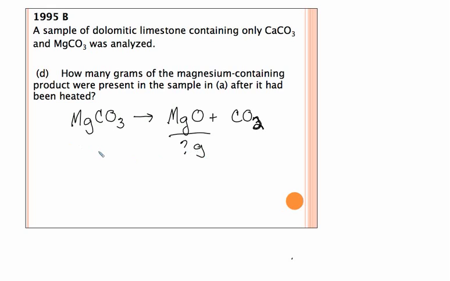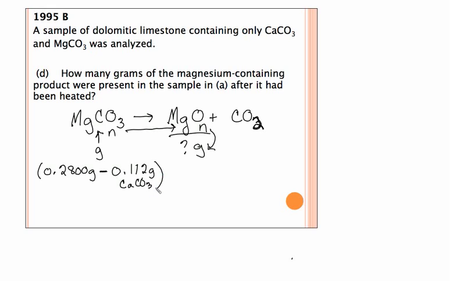Now, if I want to get to grams of magnesium oxide, I first need my grams of carbonate. If we do that, we can go mass to moles, moles to moles, moles to mass, using our mole road. So I have to find my starting material. Well, the previous answer gave us that starting amount. Our sample was 0.2800 grams, and we just discovered that we had 0.112 grams of the calcium carbonate.